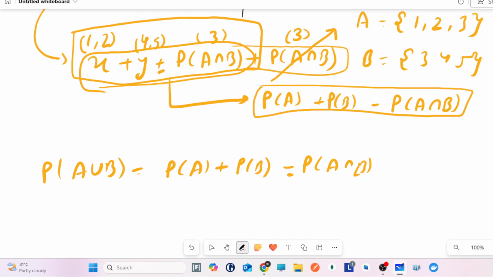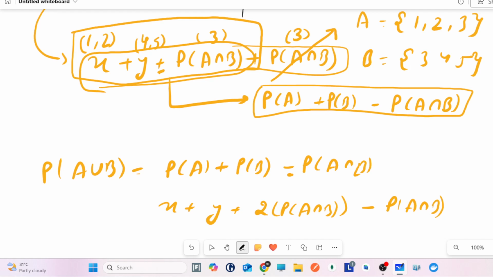So what is PA plus PB? X plus Y plus twice P of A intersection B. And now here we are subtracting one element. As I told you, when we are adding probability of A and probability of B, we are considering the value of A intersection B twice.